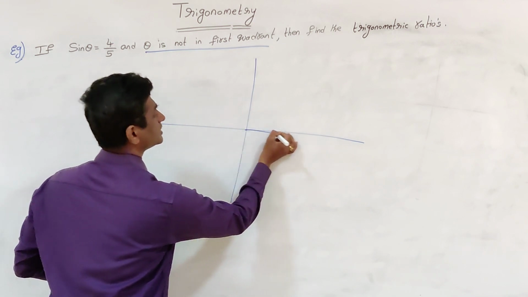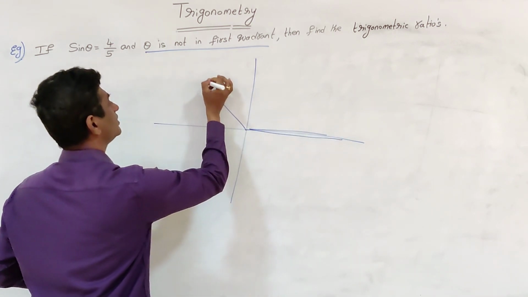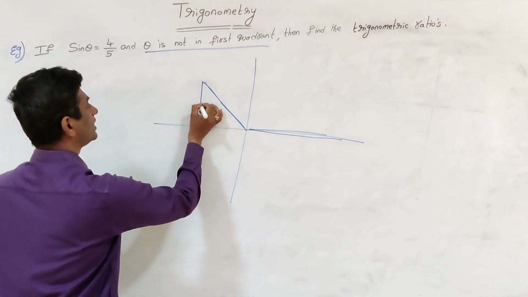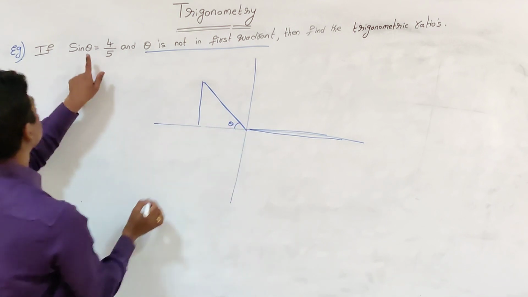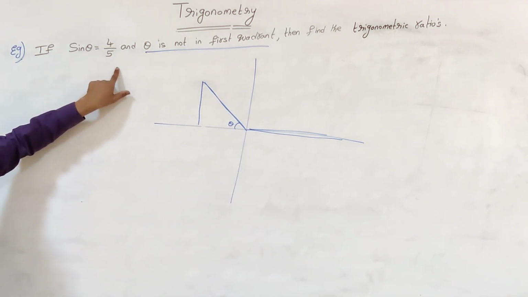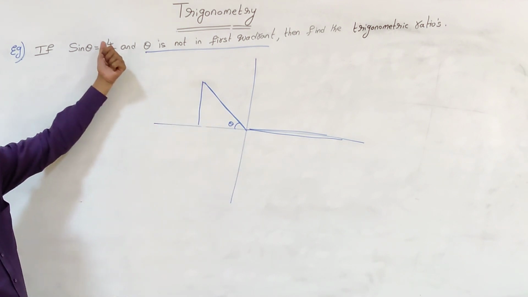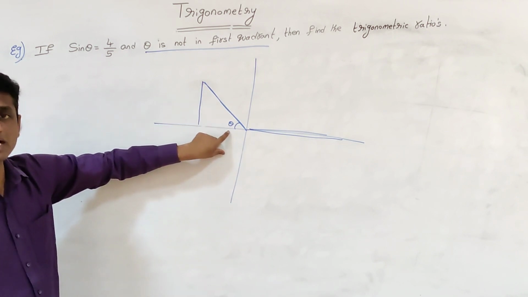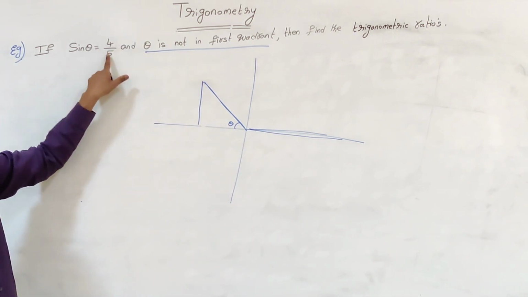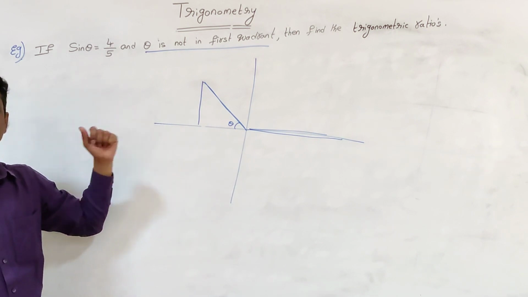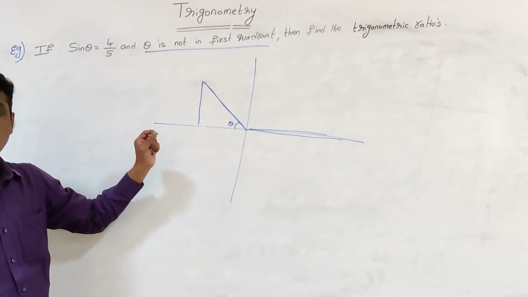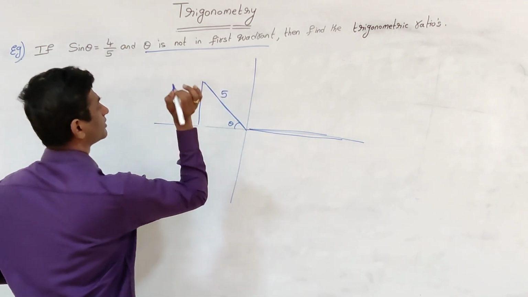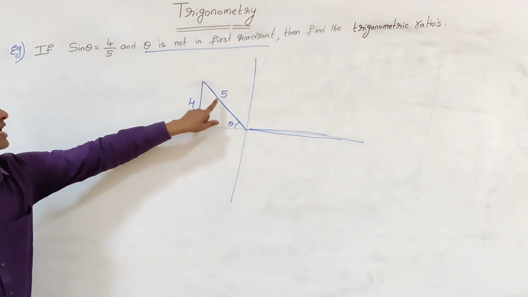So if this is the initial ray and this is our terminal ray, then if you draw a perpendicular line, this will be theta. So sin theta is 4 by 5. It is a right angle triangle, and sin theta, as per the definition, is opposite side over hypotenuse, so the opposite side of theta is 4 and the hypotenuse is 5.